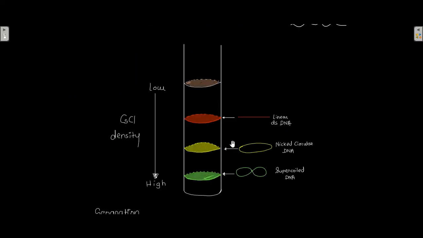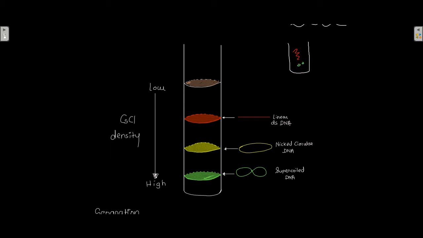So consider, this is how it looks. You took your aqueous solution in which there is your linear DNA, that is bacterial DNA, and then there is your plasmid DNA.